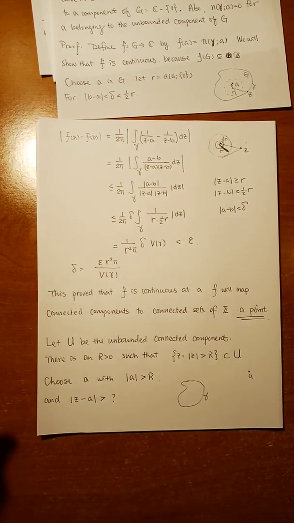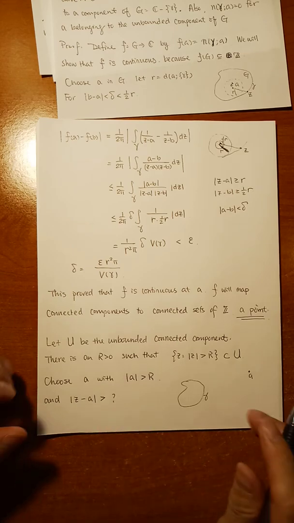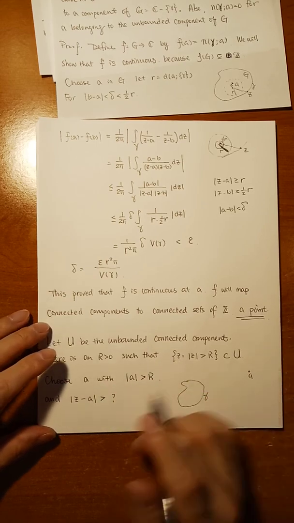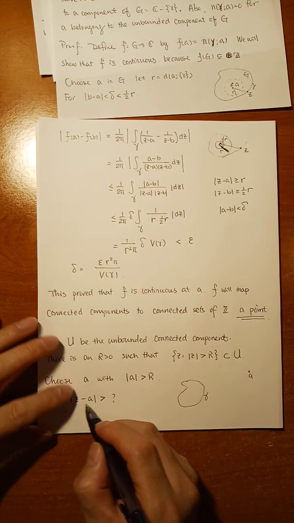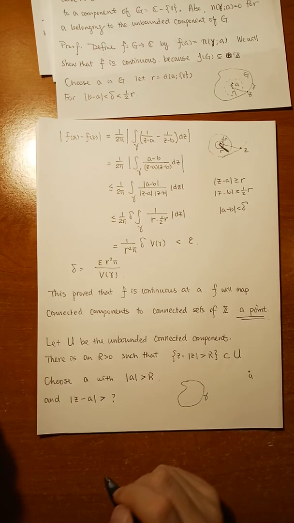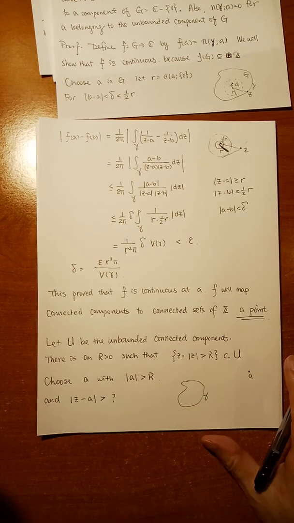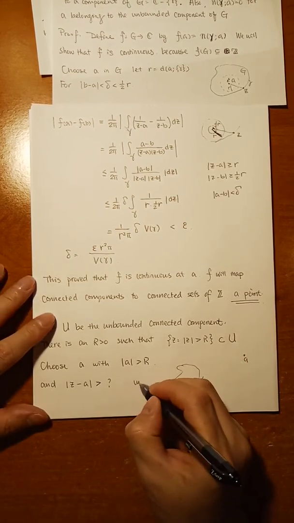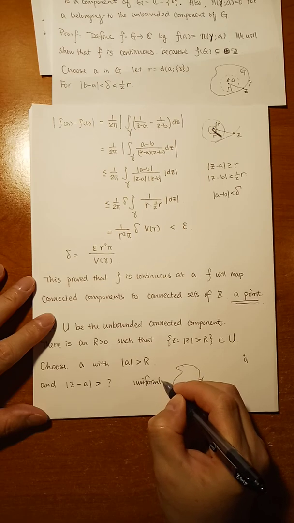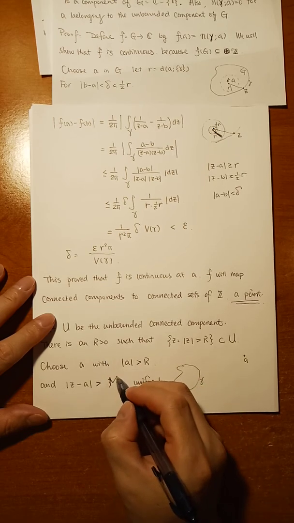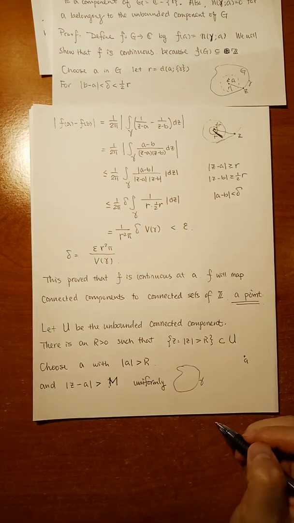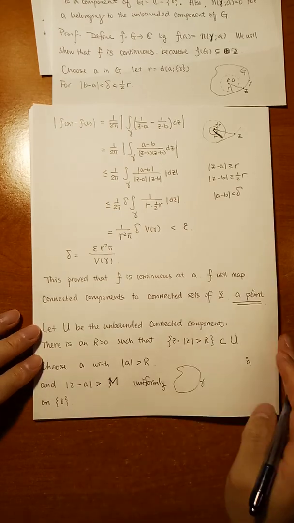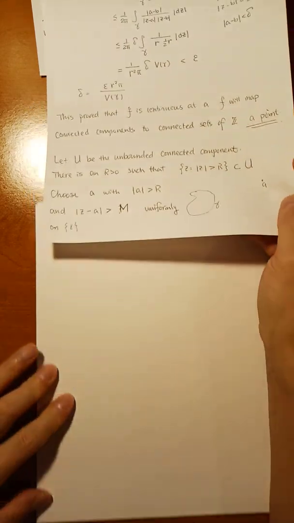At this moment, I don't know greater than what number, but you can just choose a sufficiently far so that the distance will be greater than whatever number you like, right? Okay, this uniformly. Let's put m here. Uniformly on gamma.